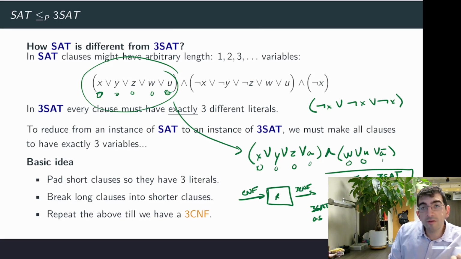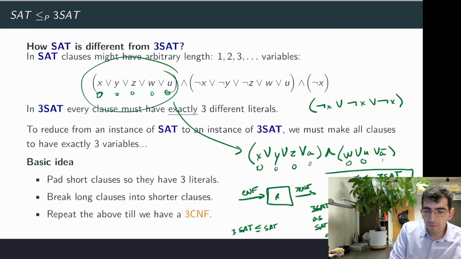And we also knew from before, from 3SAT to SAT, that SAT is at least as hard as 3SAT. And therefore, we see that the two problems, 3SAT and SAT, have equal difficulty.